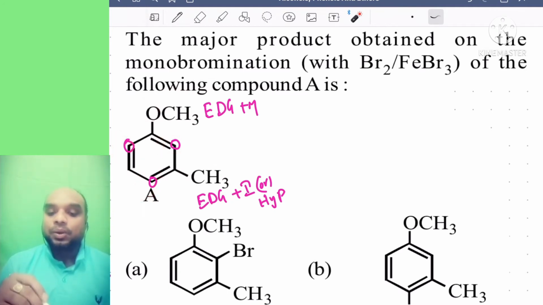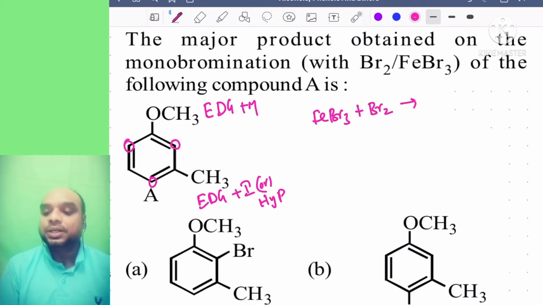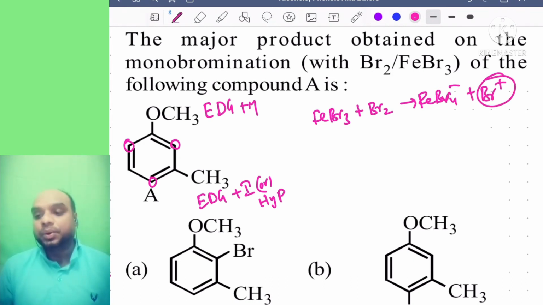Now, monobromination means Br plus from FeBr3 plus Br2. Which substance will we get here? FeBr4 minus plus Br plus. Like that, the electrophile will be produced.